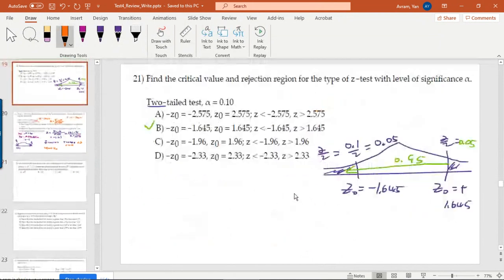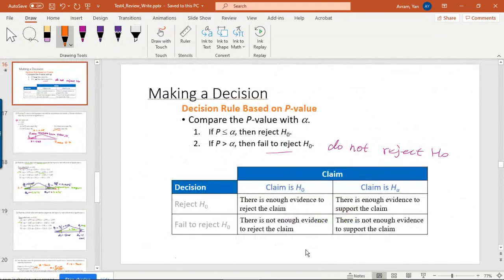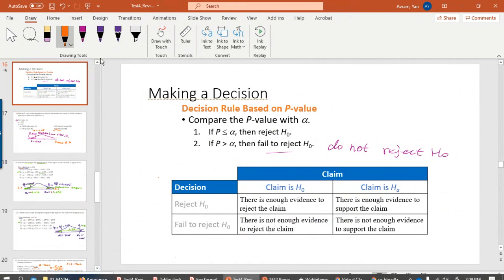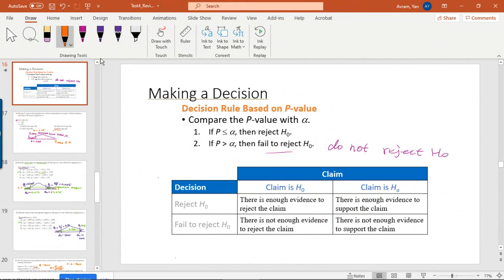Well, if we also look at this page in here, my claim is in the alternative hypothesis, and I reject the null hypothesis, so I have to make this conclusion.